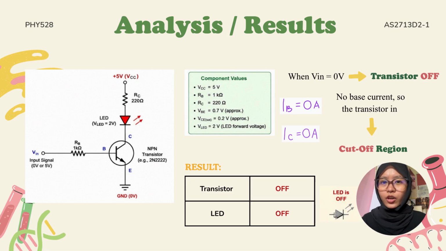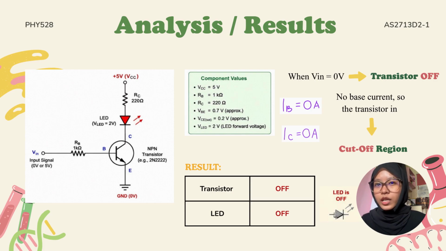First, let's look at the condition when the input voltage, which is Vin, is equal to 0 volts. Since there is no input voltage applied, the base current, which is IB, is equal to 0 ampere. And because there is no base current, the transistor does not turn on. Therefore, the collector current IC is equal to 0 ampere. This means the transistor is operating in the cut-off region, which is the off state of the transistor.